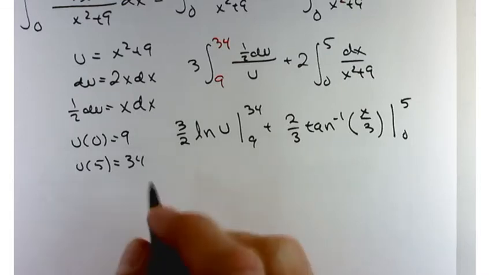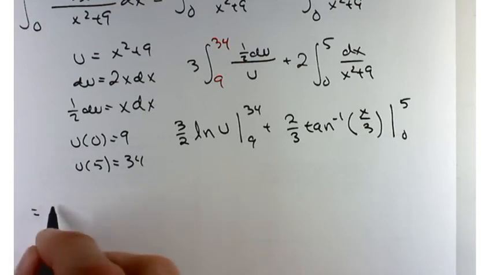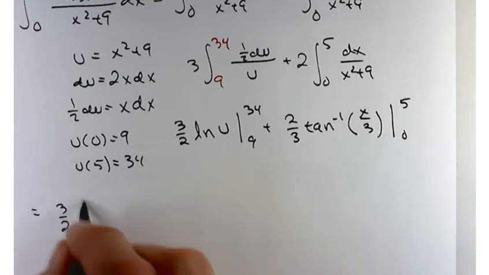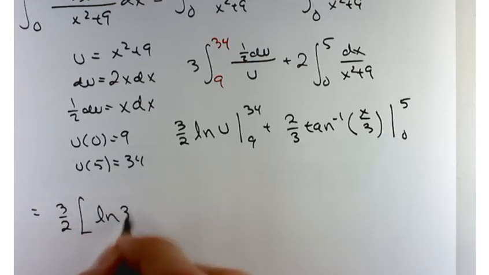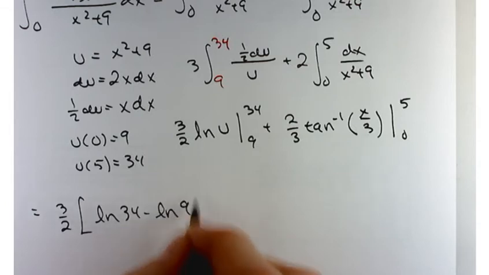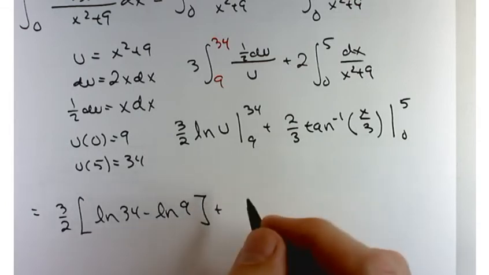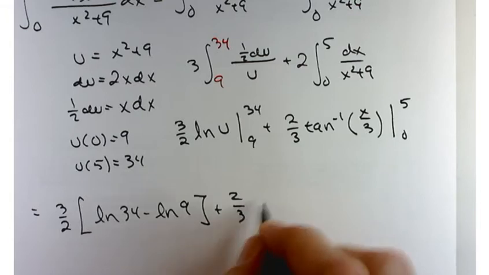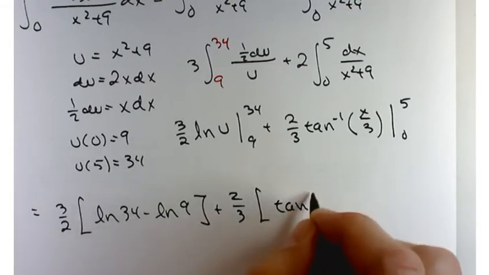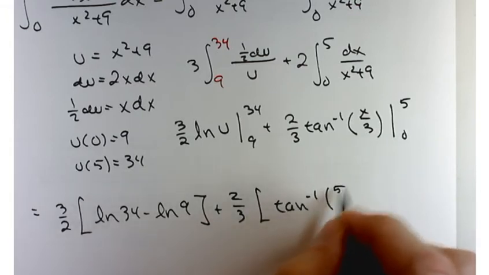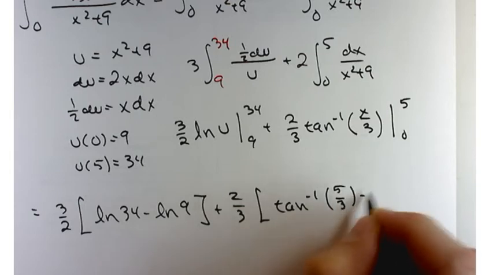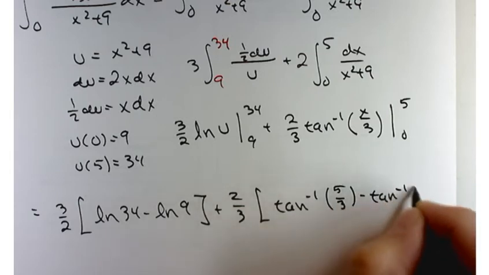Let's keep going. So that's going to be 3/2 times the ln of 34 minus the ln of 9 plus 2/3 times the arctangent of 5/3 minus the arctangent of 0.